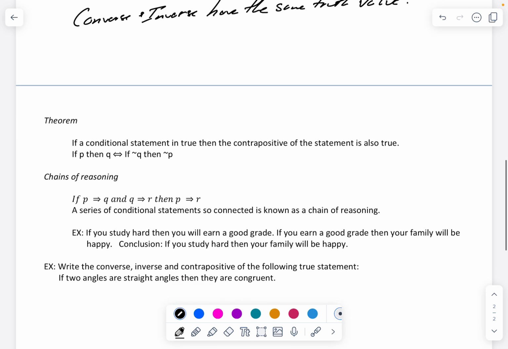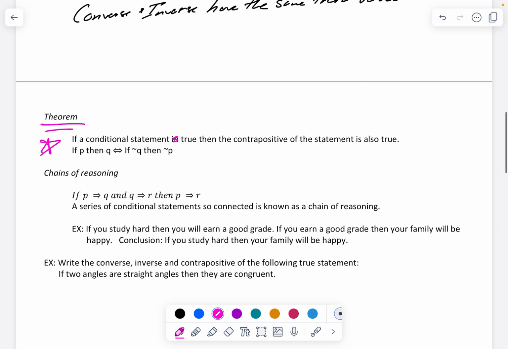So that leads us to our theorem. If a conditional statement is true, then the contrapositive of the statement is also true. So if P, then Q, then if not Q, then not P, and vice versa. So if the contrapositive is true, then the conditional is true. So they go together.